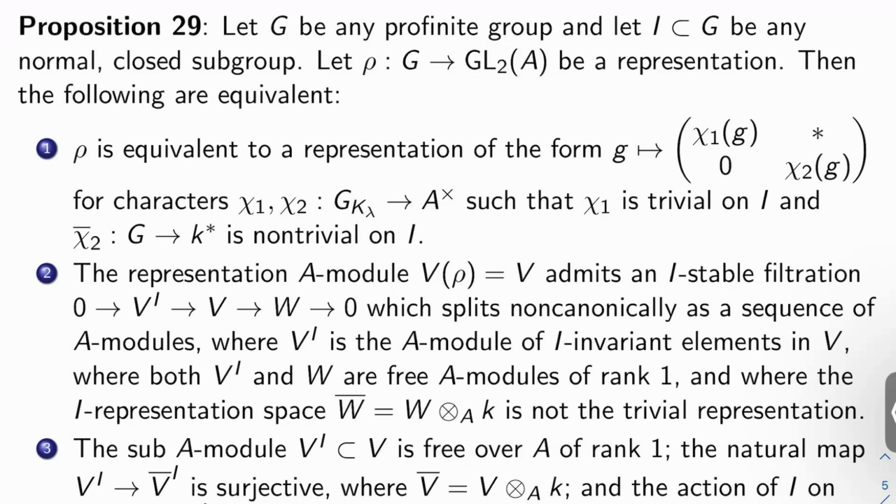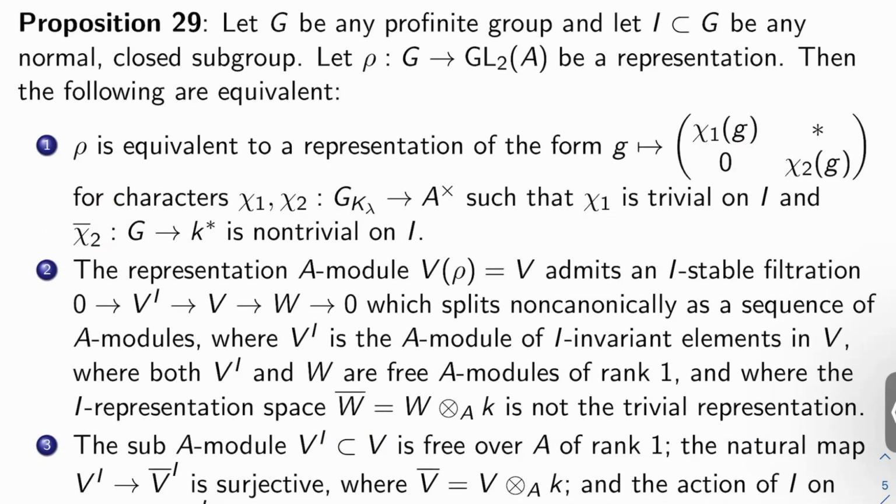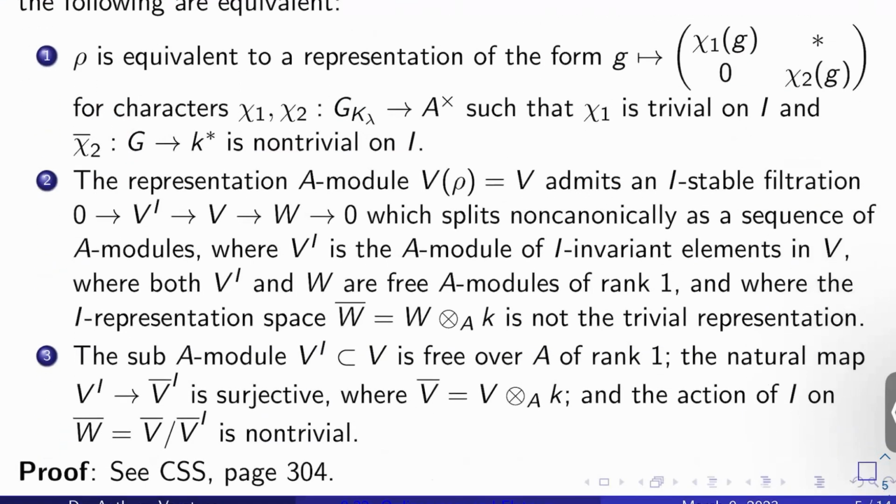One: rho is equivalent to a representation of the form G maps to (chi1 of G, star; 0, chi2 of G) for characters chi1 and chi2 from G to A cross, such that chi1 is trivial on I. In other words, think of chi1 as being unramified, and chi2 bar from G to k star is non-trivial on I.